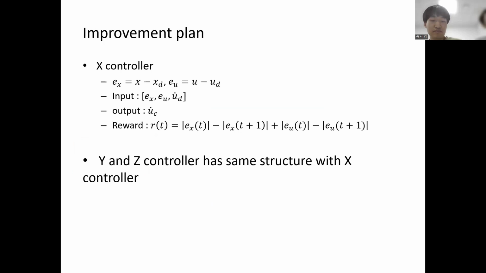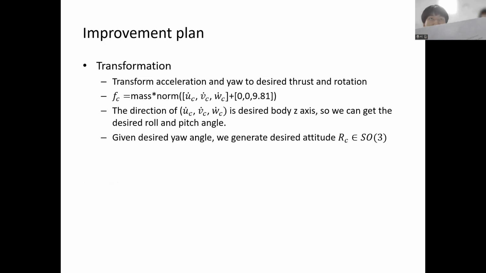The X controller receives e_x and e_u, which are position and velocity errors in the x-axis, and u_d dot, which is the desired acceleration in the x-axis. Its output is an acceleration command. The reward is the difference between the next and current norm of position and velocity. Y and Z controllers have the same structure as the X controller.